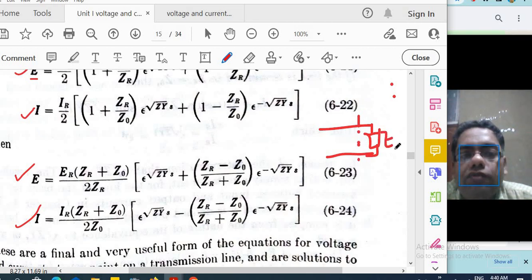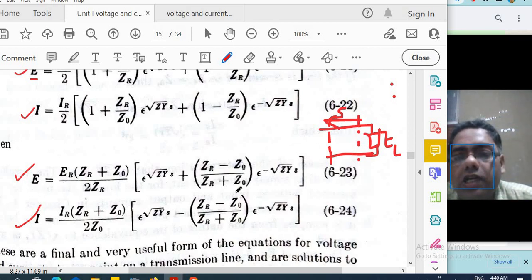To find it at another point at a distance s from the load end, look at the general equation.